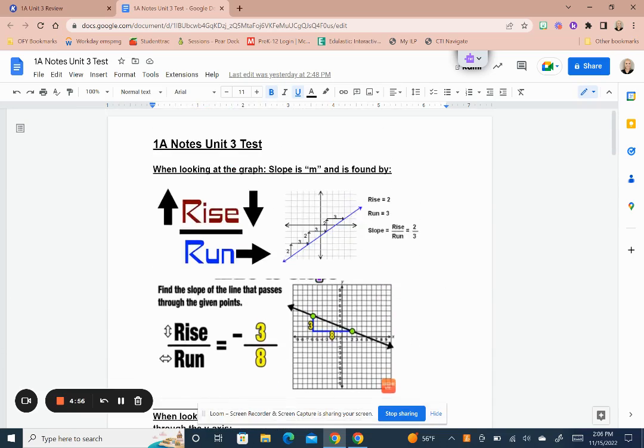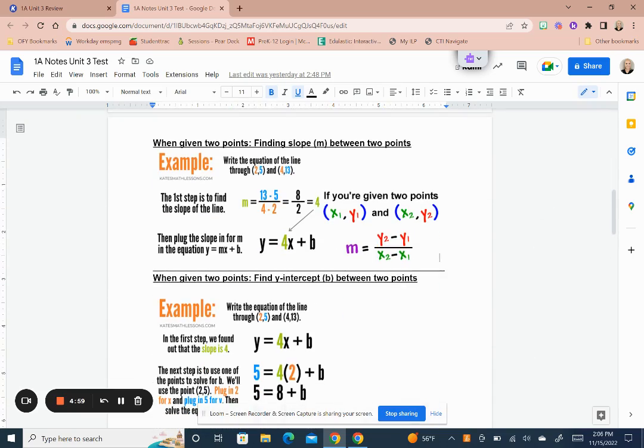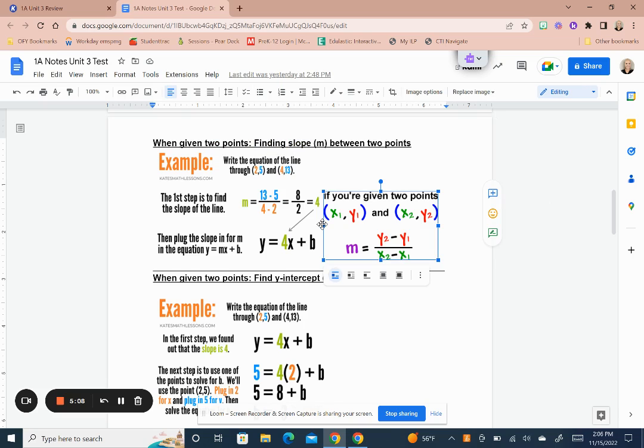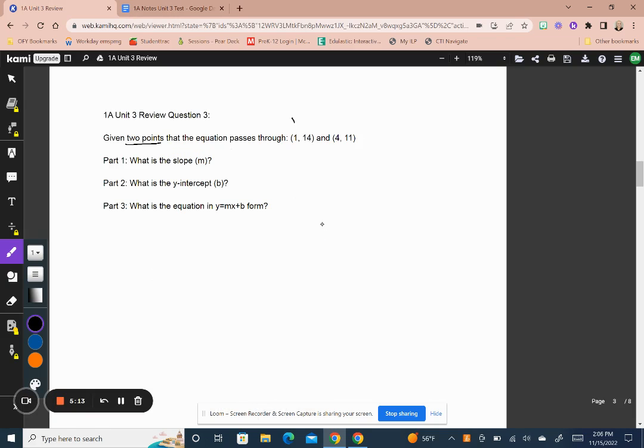Let's take a look. It says to find the slope, 2 points, find the slope right here. If we're given 2 points, we treat one as x1, y1, and the other one as x2, y2. So x1 is equal to 1, y1 is equal to 14, x2 is equal to 4, y2 is equal to 11.